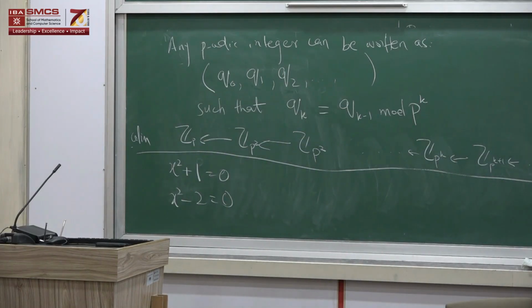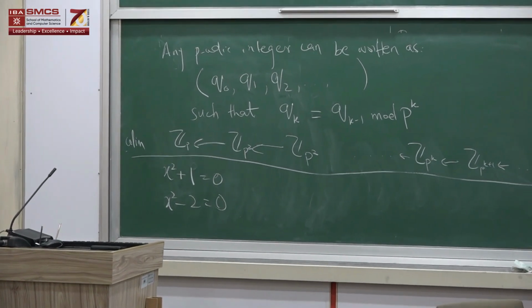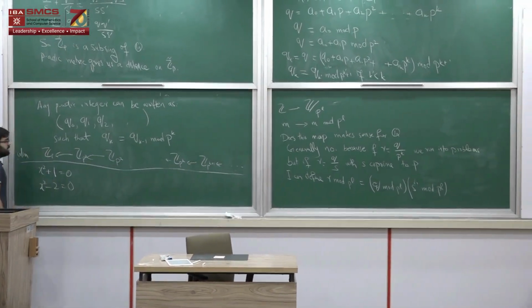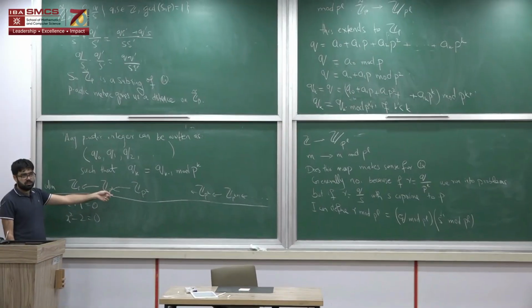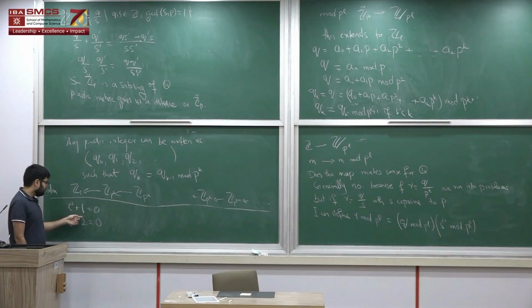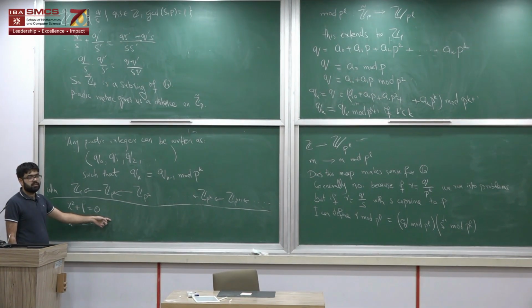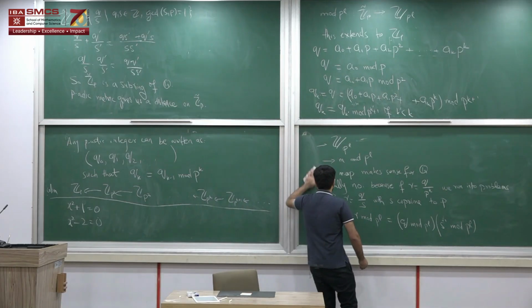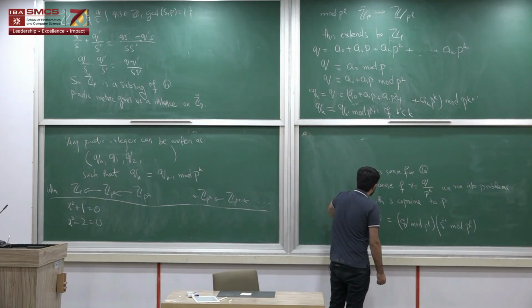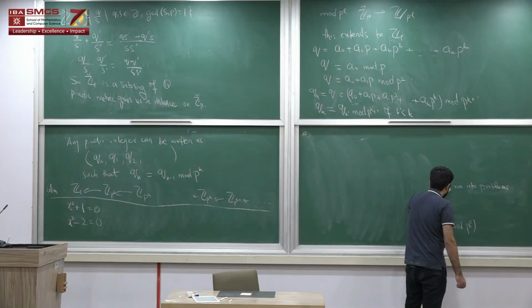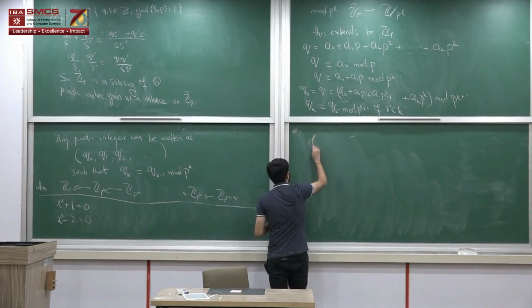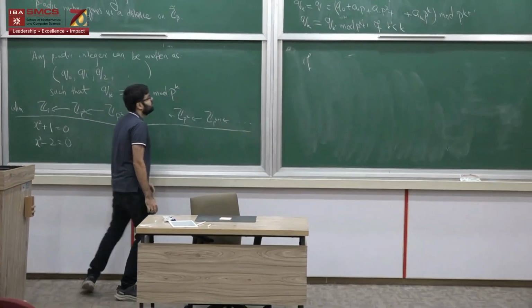So the first thing I can do: this is too big a task, but I have some simpler groups which are closely related. What if I reduce this equation mod p? If there is a solution over p-adic numbers, there is a solution mod p. And in fact, we can do something general. Let me for now just focus on the first equation.